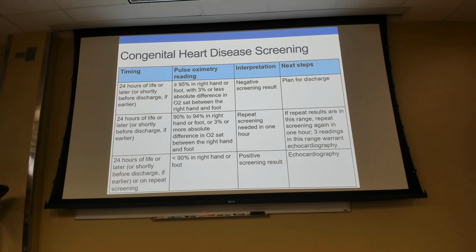So less than 95 or more than 3% difference, that's when you would say, ooh, what's going on here? Let's take a really good look. If you are between that 90 to 94% in that right hand, or more than 3, we need to repeat that screen. And then if you're less than 90 in that right hand or that right foot, you're probably that 1 in 100, and you need to get to cardiology. That's how we're using these screens.